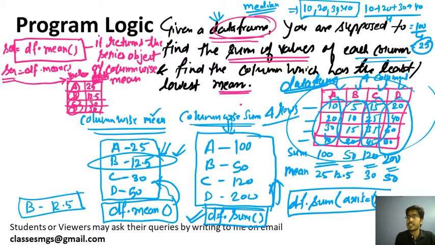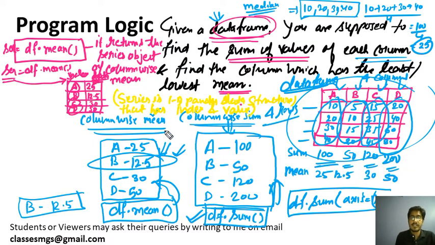If you don't know what a series object is, I tell you that a series object is a one dimensional pandas data structure that has an index and an associated value.